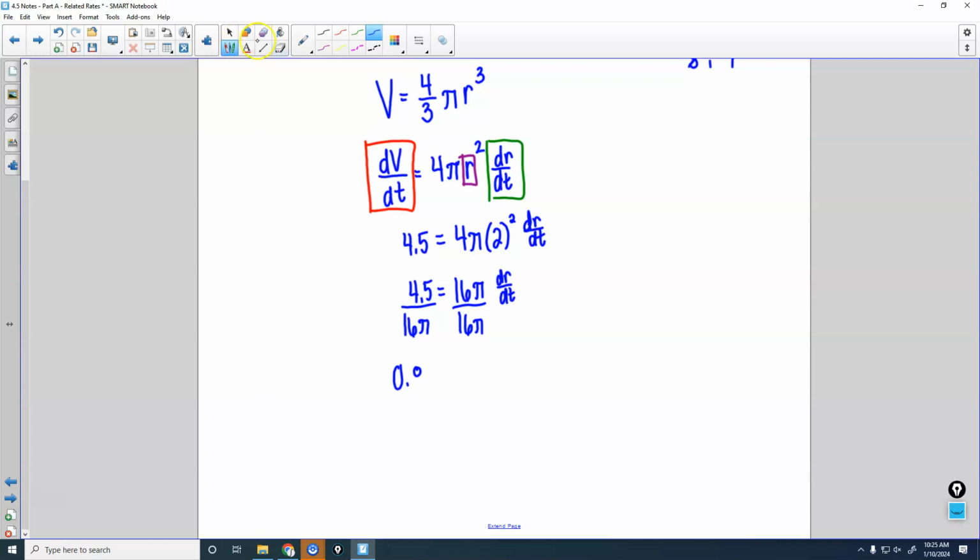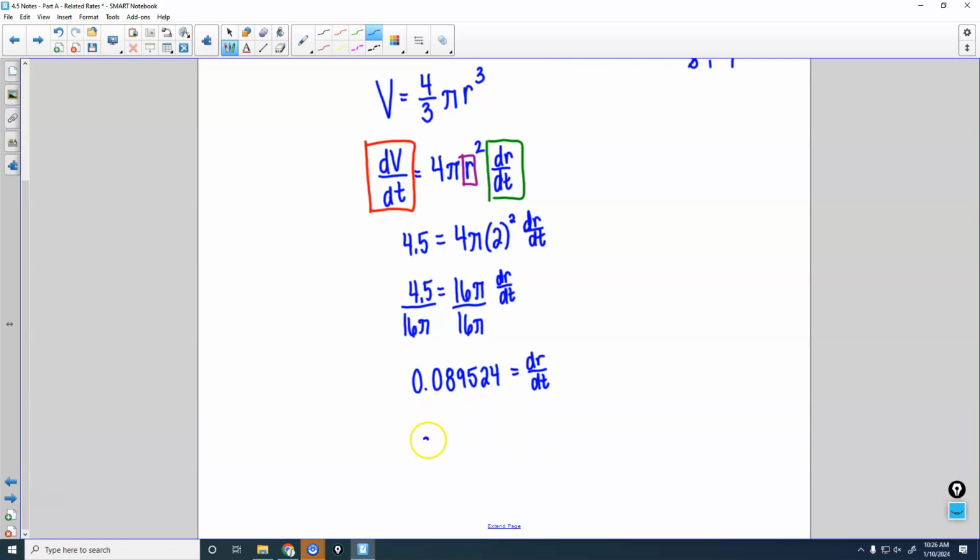Oh yeah, I didn't do it right. Try that again. 0.089524 is my dr dt. We need to always put units with this.